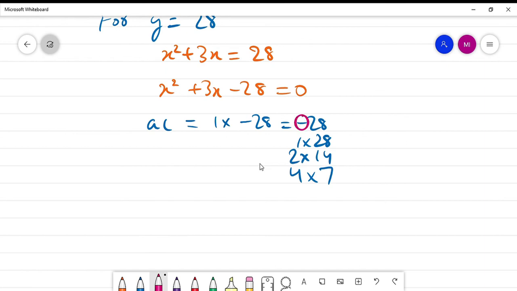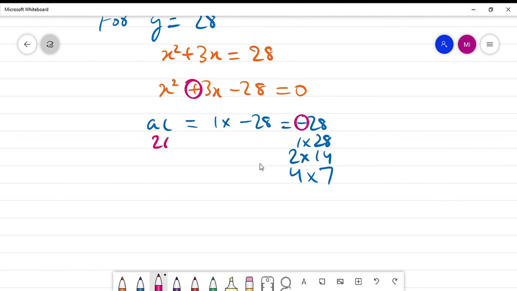As the product of AC is negative and B is positive, this indicates that in the pair, the greater one must be positive and the lesser one must be negative, so that their sum is positive and their product is negative. Since one of them is positive, one of them is negative. Different signs multiplied equals negative sign.